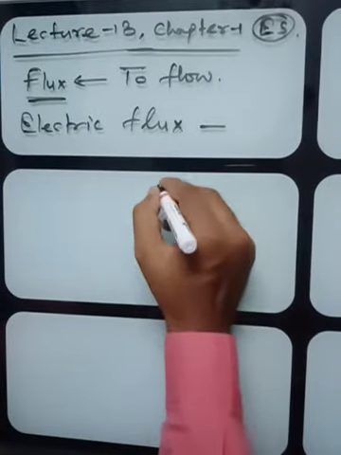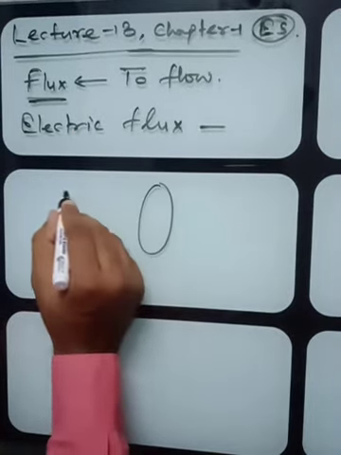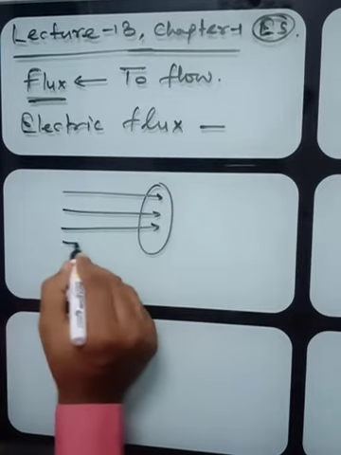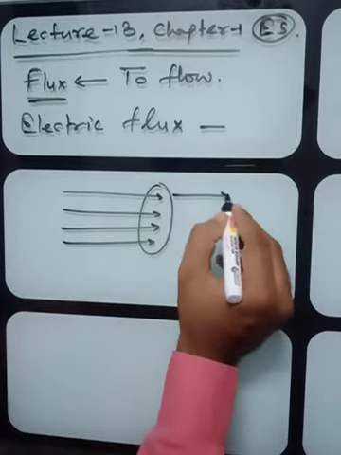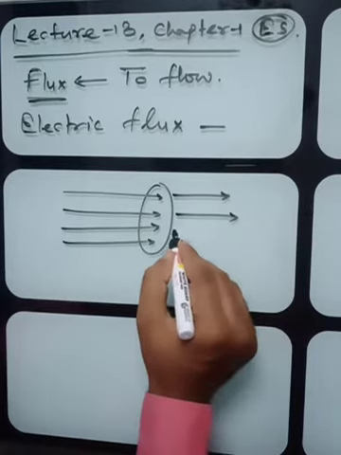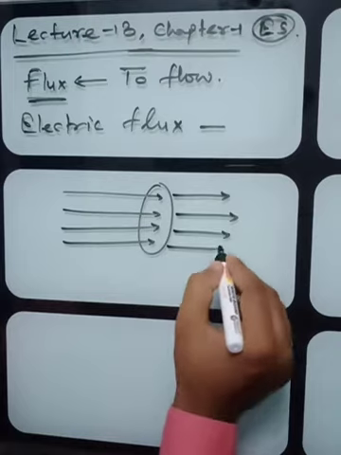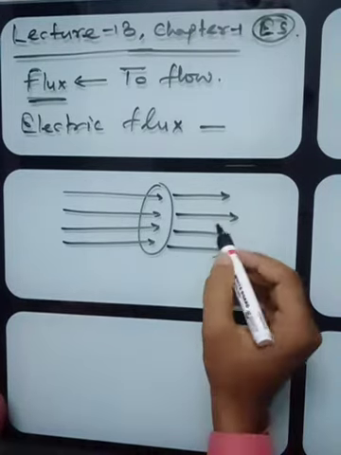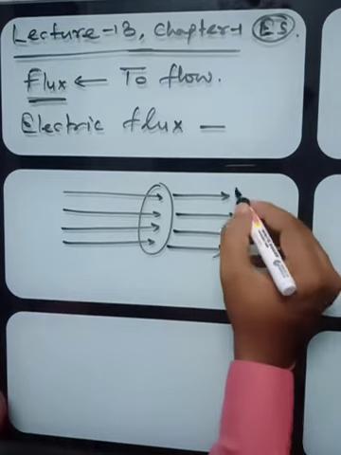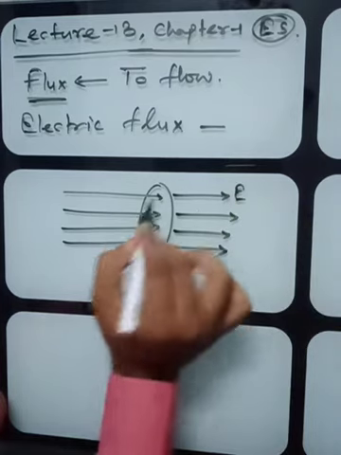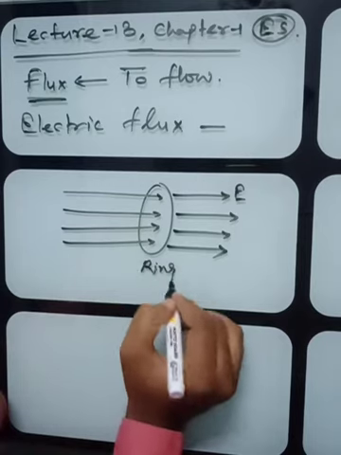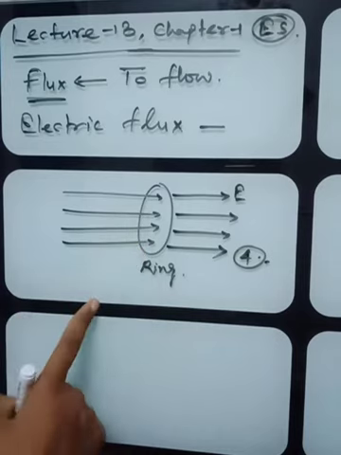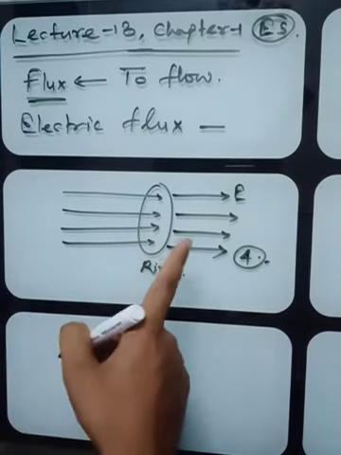Suppose I have placed a ring over here, and these are all imaginary, because electric field lines you cannot count. If we look, 1 2 3 4 electric field lines are crossing this particular ring. This is the ring, and the number of field lines is 4. So we are able to count the field lines, and this counting will give you the electric flux.